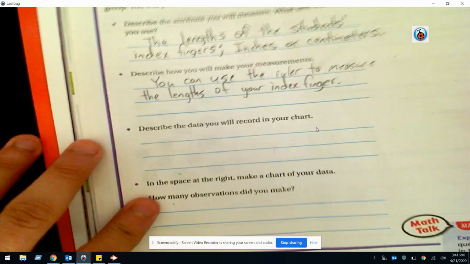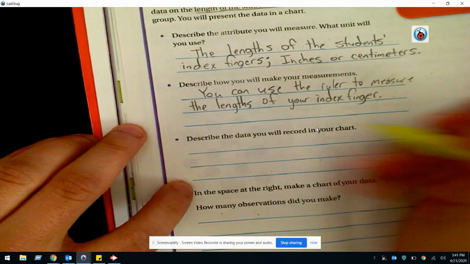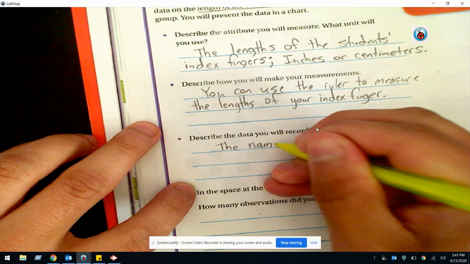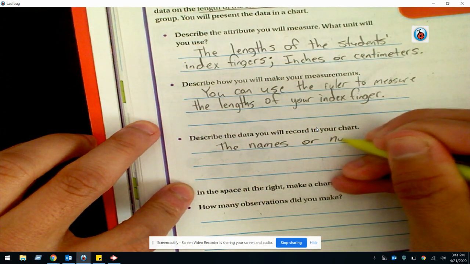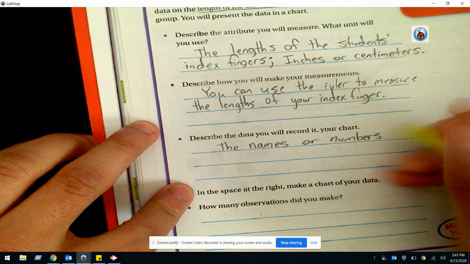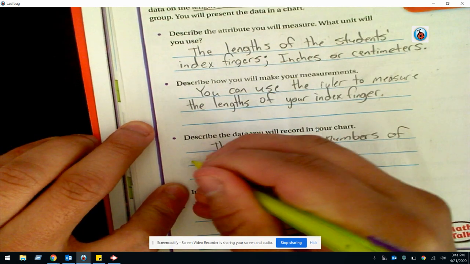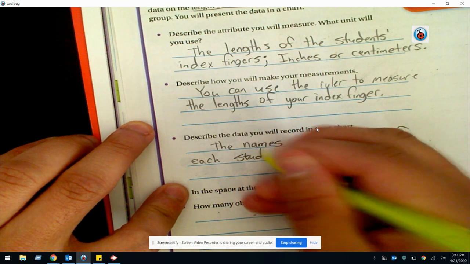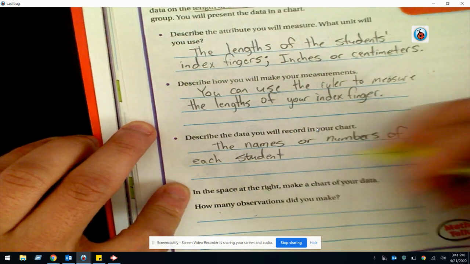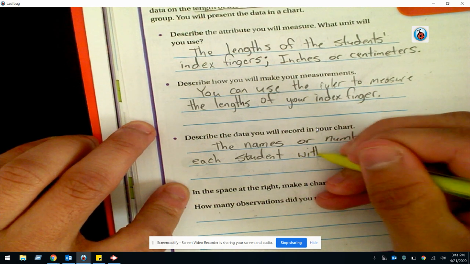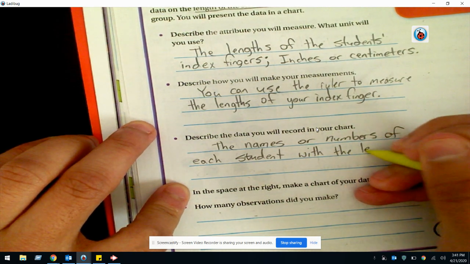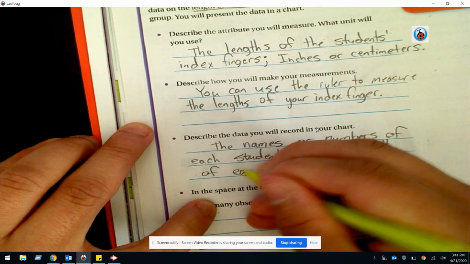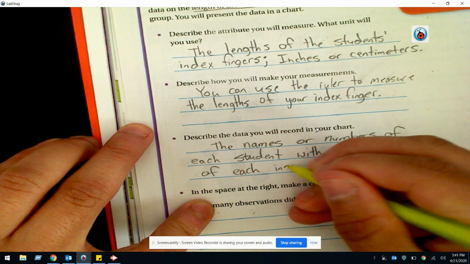So to describe the data in our chart, the names or the numbers of each student with the length of each index finger.